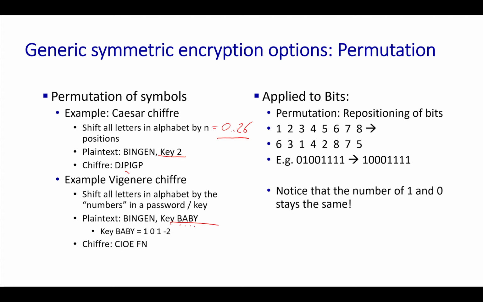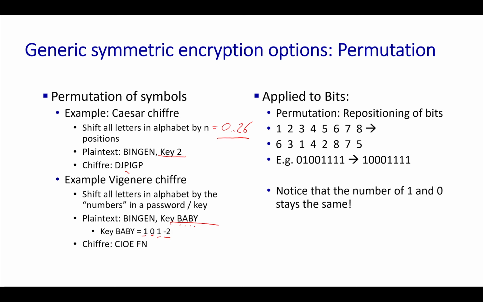A represents 0, B is 1, and Y is -2, because Z is -1 and Y is -2.